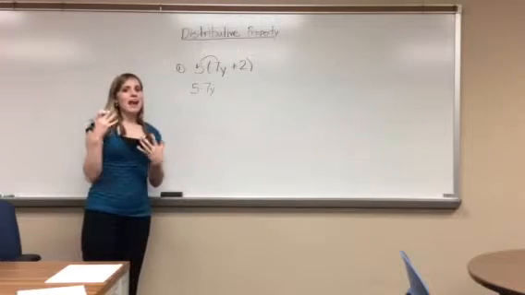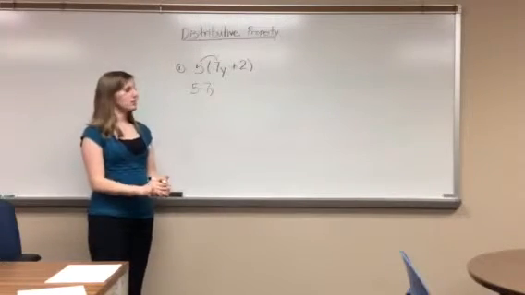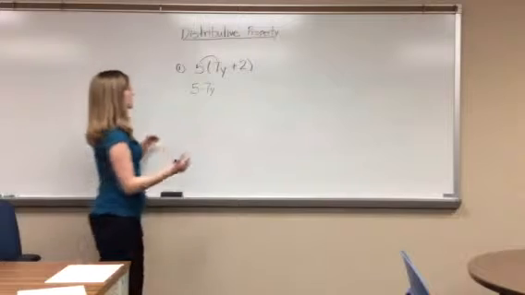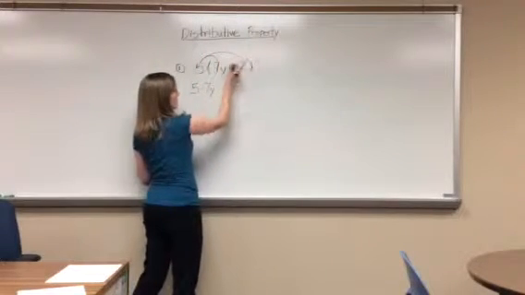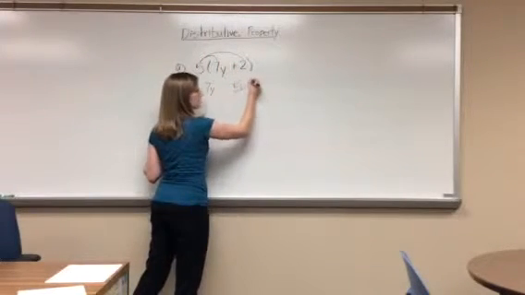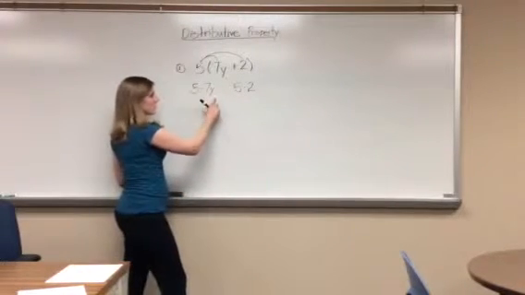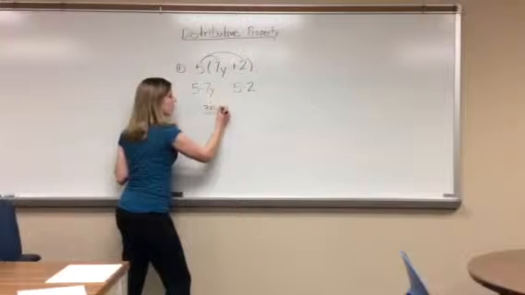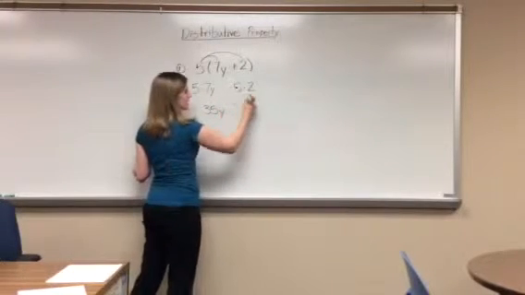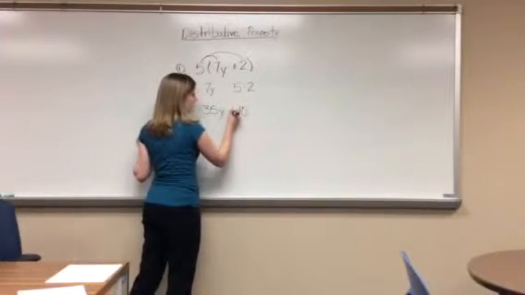But we have to multiply everything inside the parentheses, okay? I said all terms in the parentheses, which means I also multiply 5 times 2. So 5 times 7y, we get 35y. 5 times 2 is a positive 10.